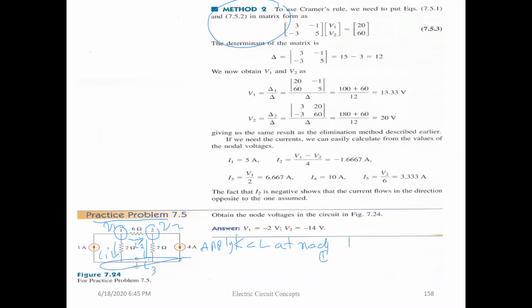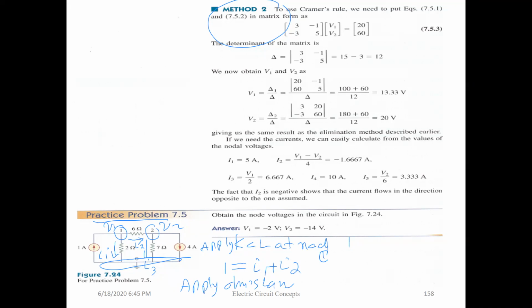So current entering the node, it's 1 amp, plus, okay, anything else entering the node? No. So it will be equals. Currents leaving the node, yes, I1 is leaving and I2 is leaving. Good, now second step, apply Ohm's law.